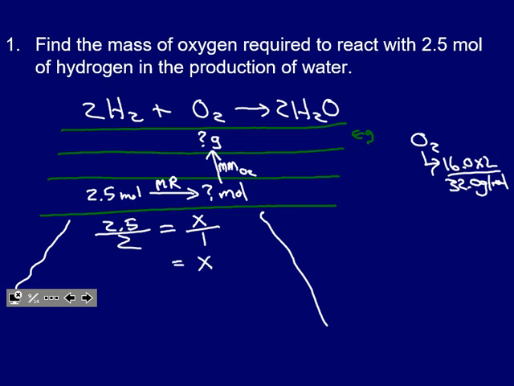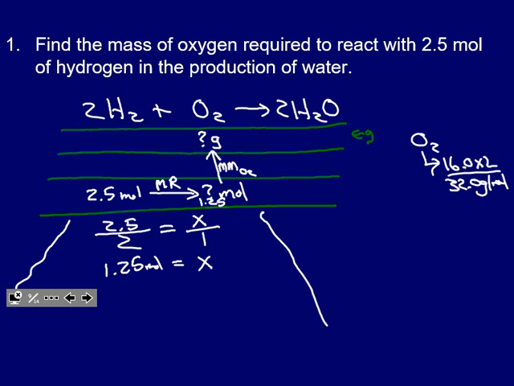X is equal to 2.5 divided by 2, which is 1.25 moles. It can be confusing because I have my X on the right and my 1.25 on the left, but that essentially means I have 1.25 moles right there. You can write that in if you want, but I solved for the question mark.